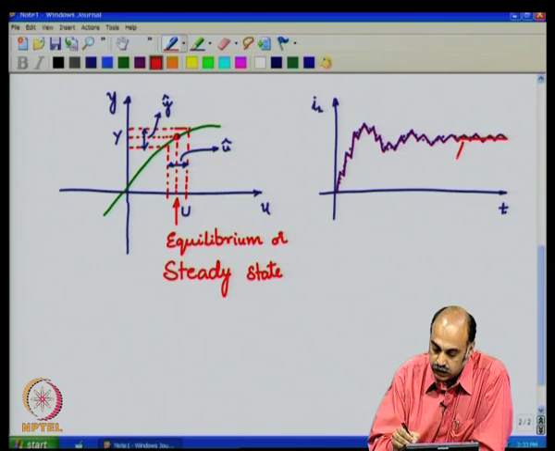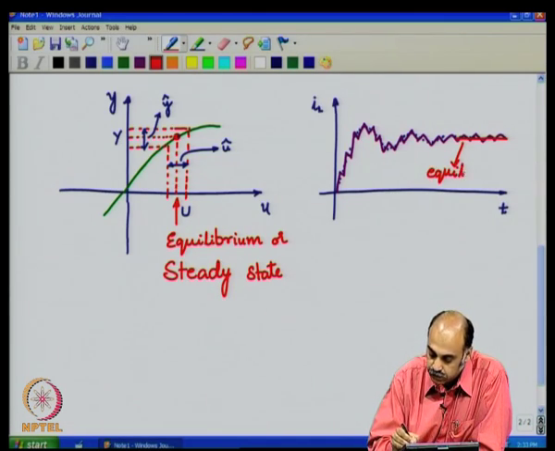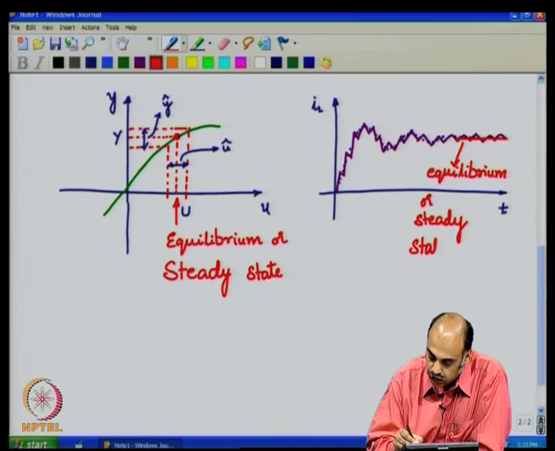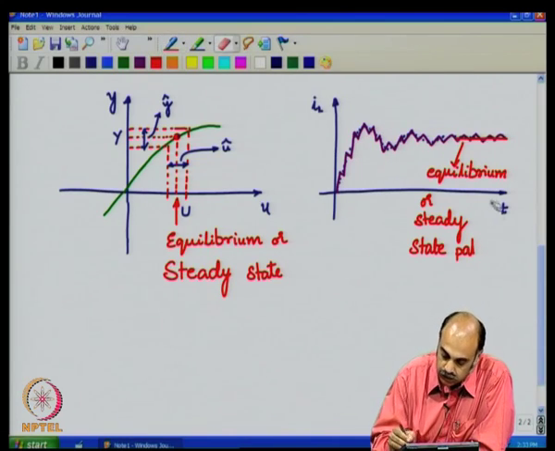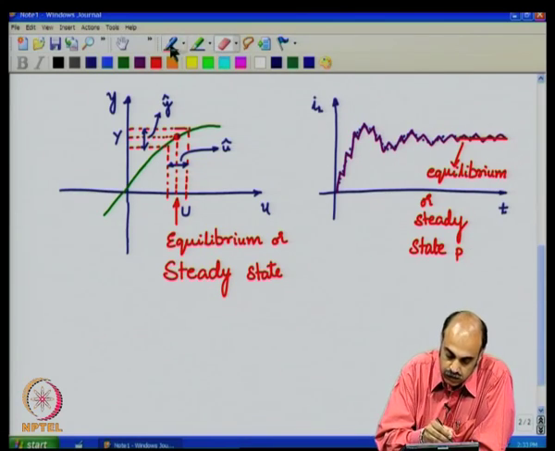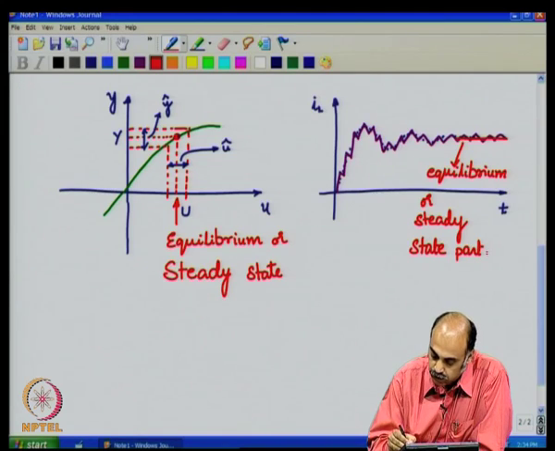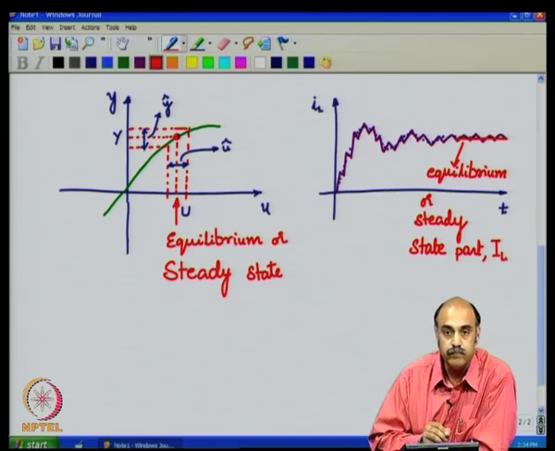we will call that the equilibrium or steady state part. Capital or uppercase symbol.